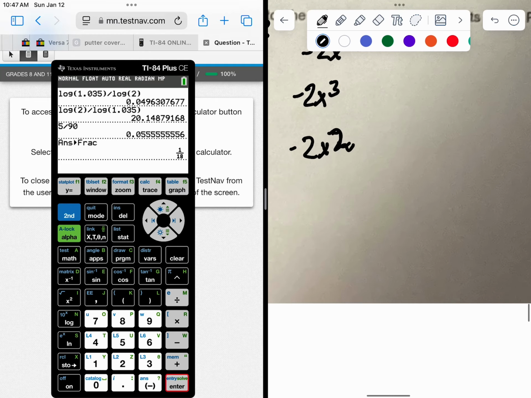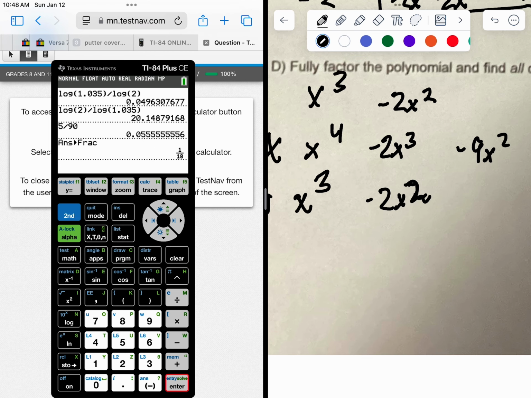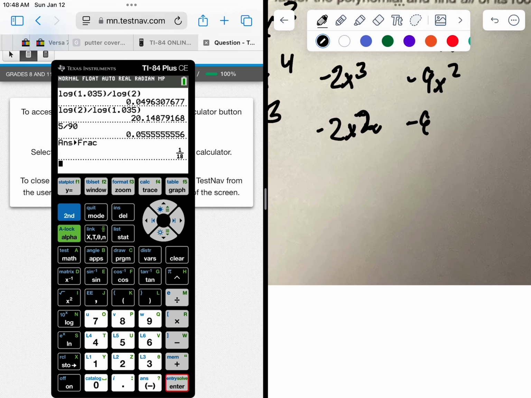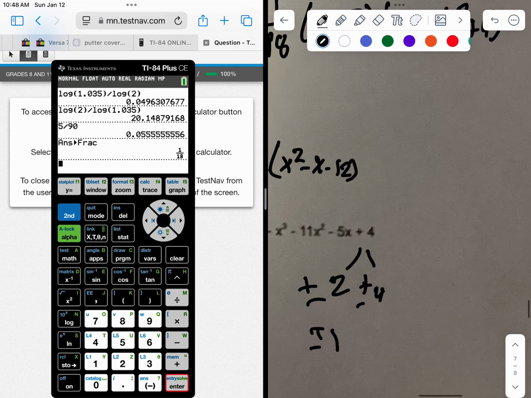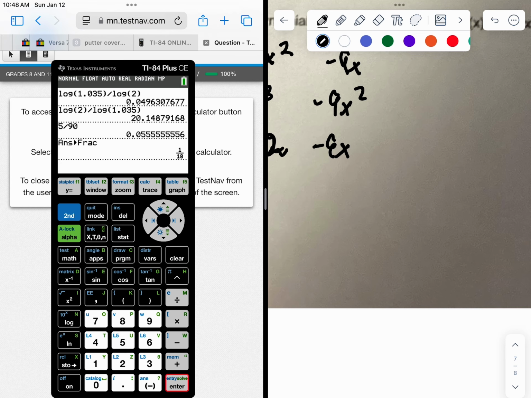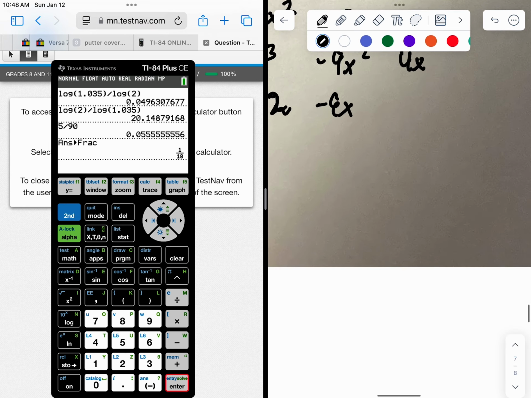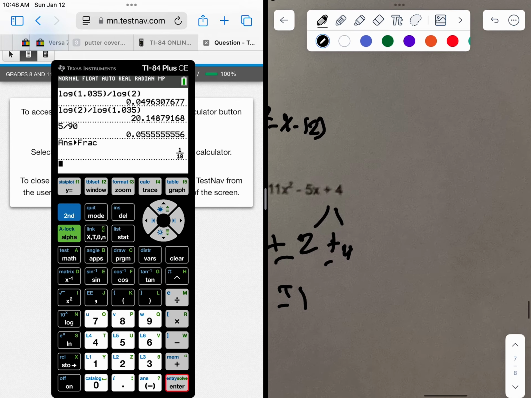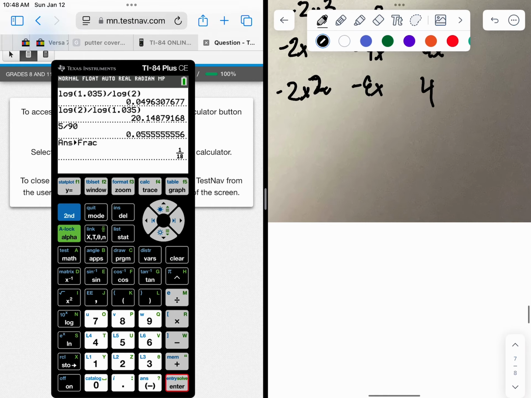Negative 11x squared, so we have negative 9x squared, negative 9x, negative 9x, negative 5x, so we're going to have 4x, and then 4 times 1 is 4. Does that go? Oh, it does work.